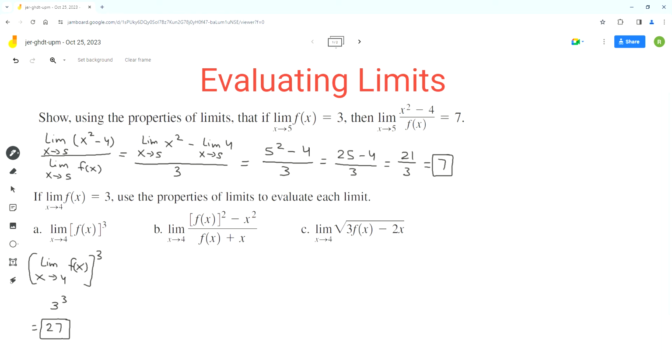In part B, the expression is in the form of a fraction. So we'll use the quotient property of limit. So we'll apply the limit to the numerator and denominator.